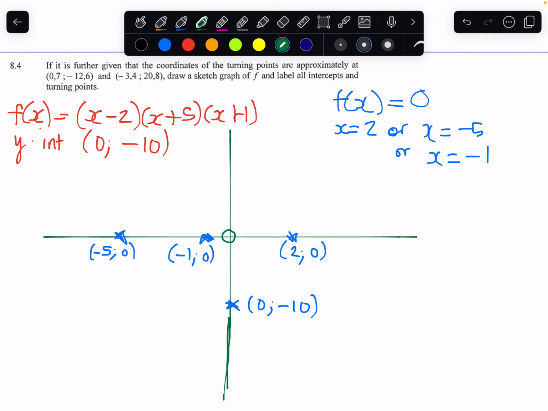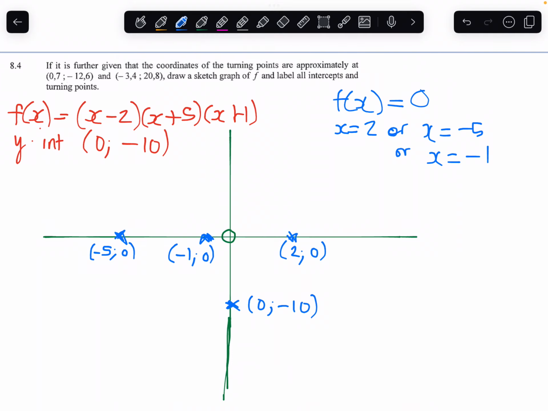Right, so one of our turning points is down here. (0.7, negative 12.6), and then (negative 3.4, 20.8). So I think we need to move some things.